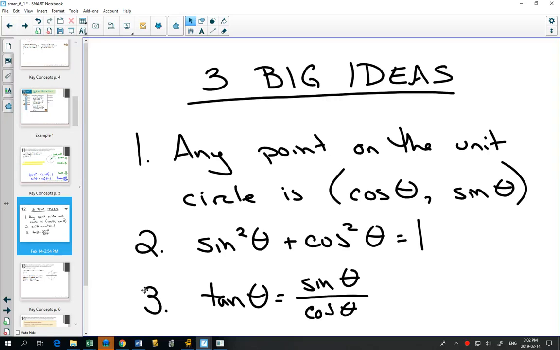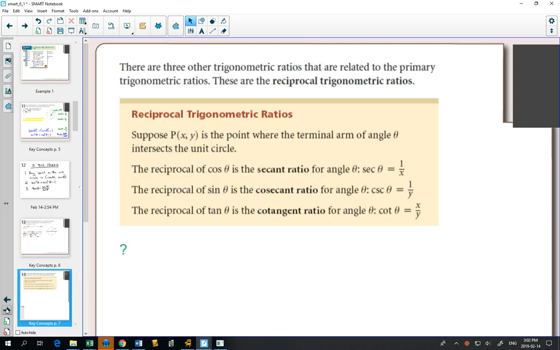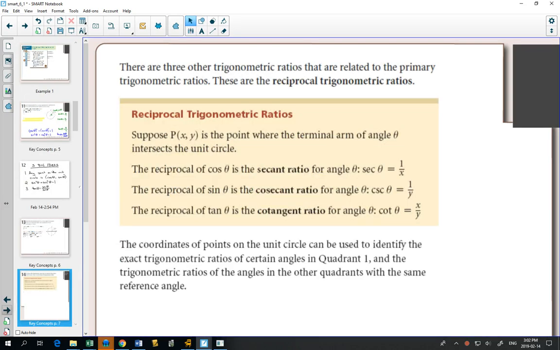Before we go on to the next example, we'll also introduce some more definitions. We have the definitions of secant, cosecant, and cotangent, and their reciprocal trig ratios.